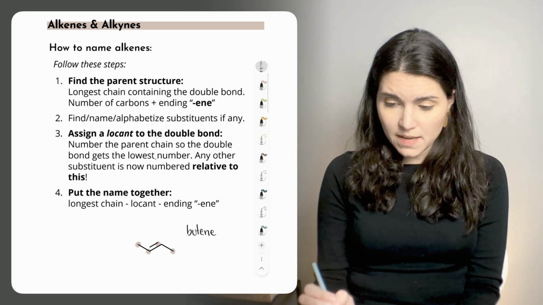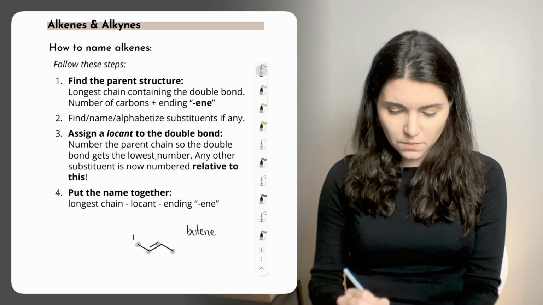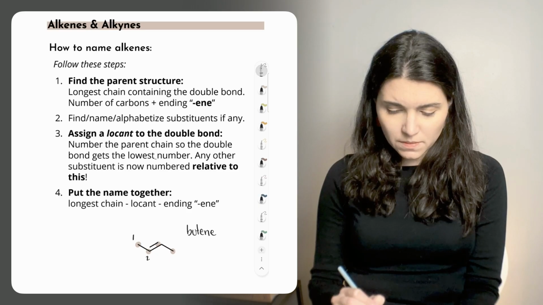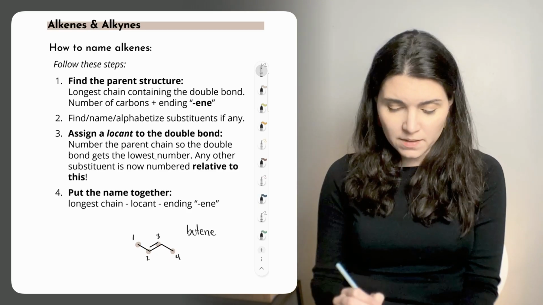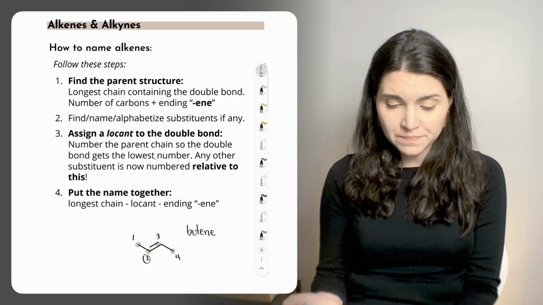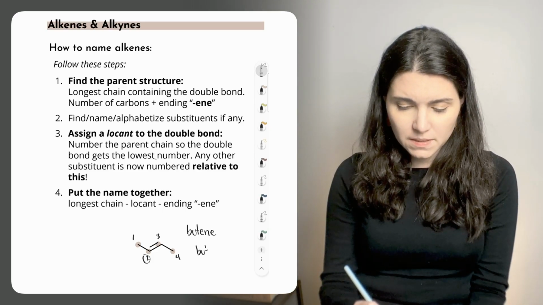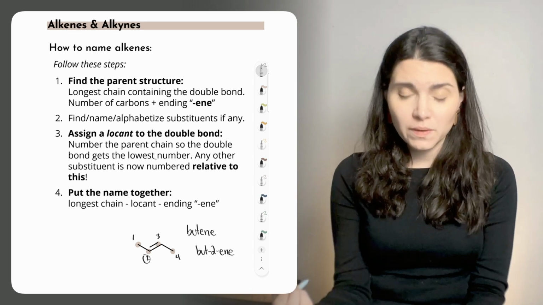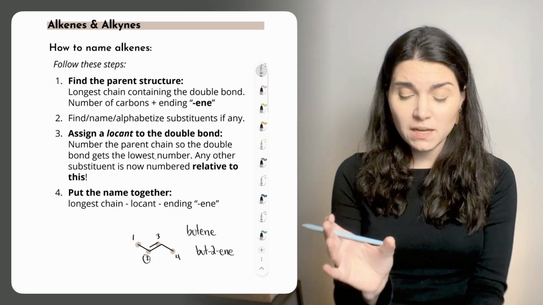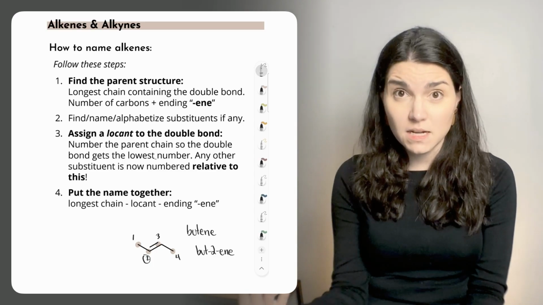So in this case, if we number our chain, we've got 1, 2, 3, 4, and so the double bond from either end would start on 2. And so putting the name together, that would give us but-2-ene. And so I'm following the convention where we take the longest chain, we put a dash, the locant, a dash, and then the ending -ene.